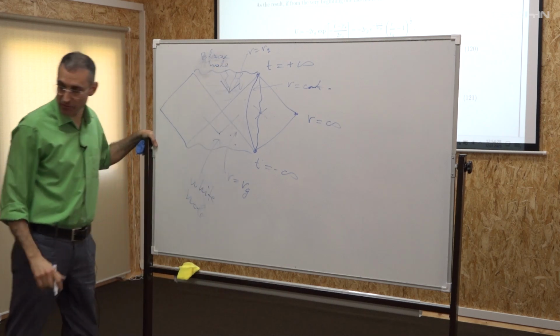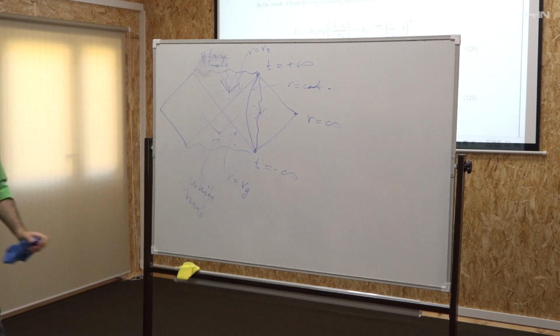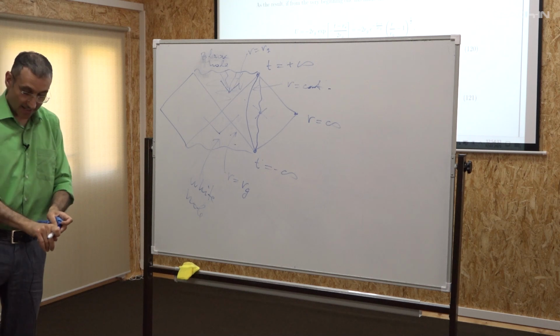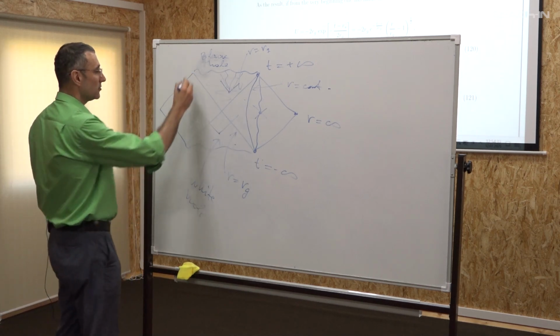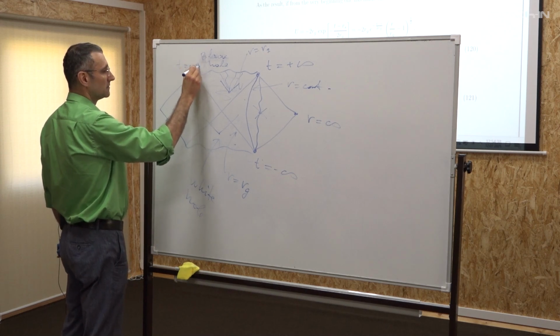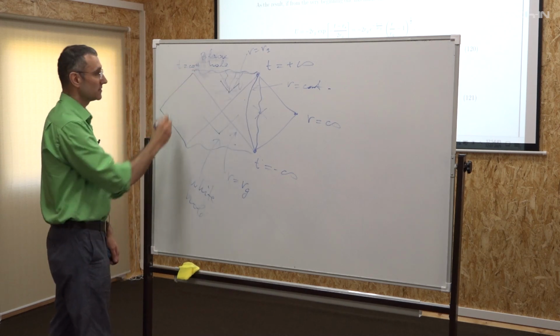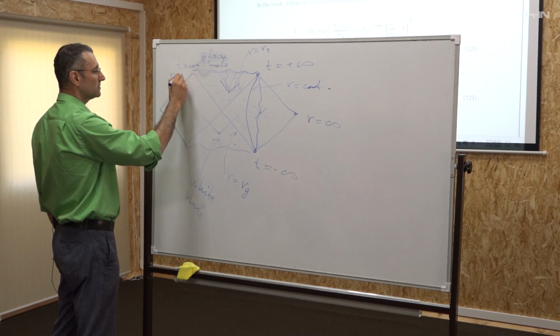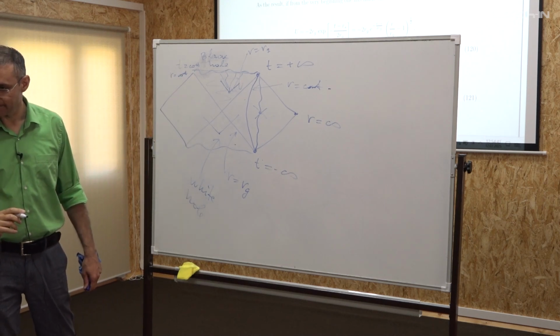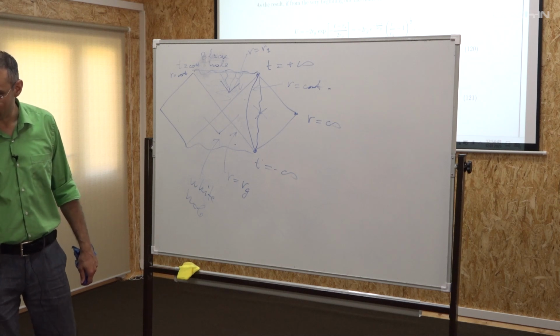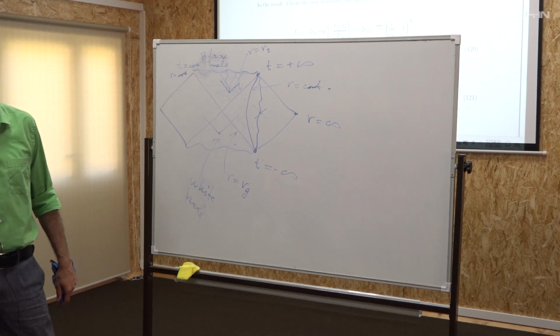As I promised to you, the space-time that I'm describing contains both. And now, you see this curve is not t constant. This curve is r constant. So it's in future infinity. That's important to answer your question about the delta function.